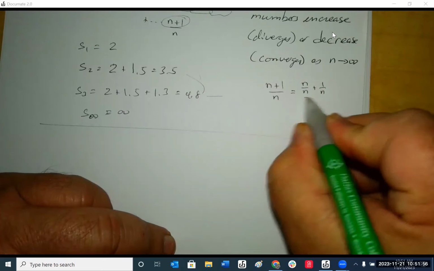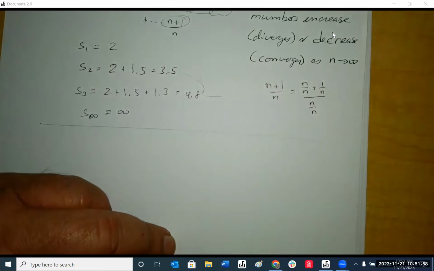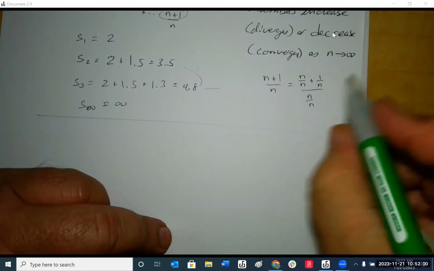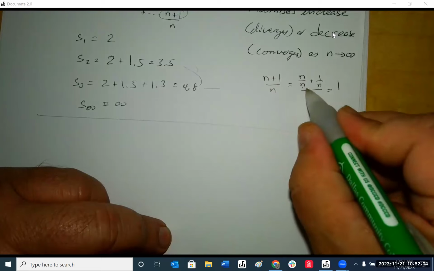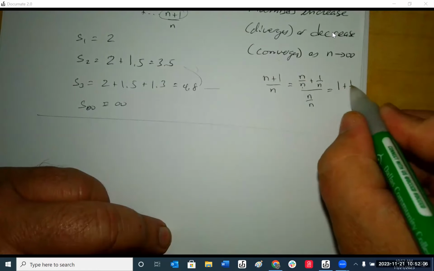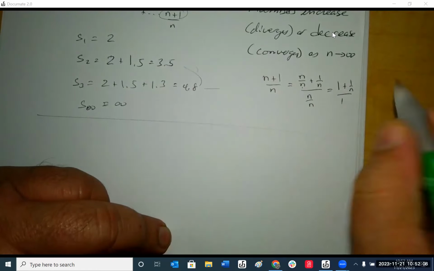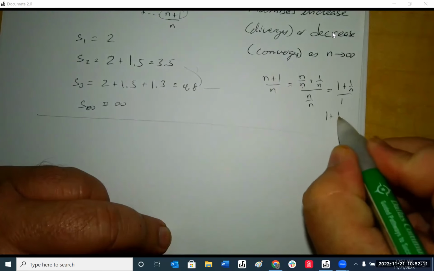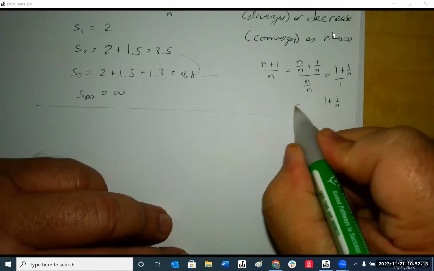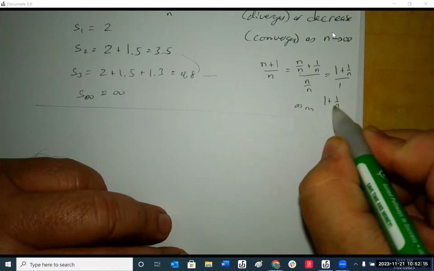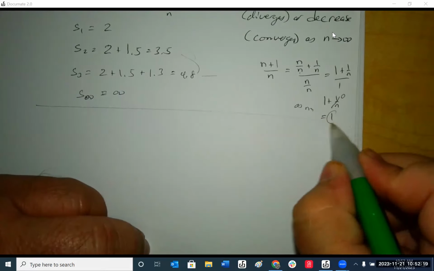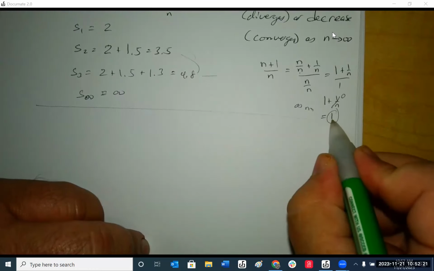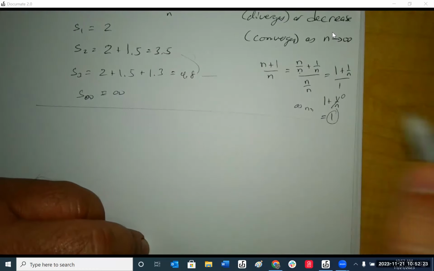So divide each of these by n. n over n is 1, 1 over n. So it's 1 plus 1 over n. As n goes to infinity, this one goes to 0. Since this is not 0, it diverges.